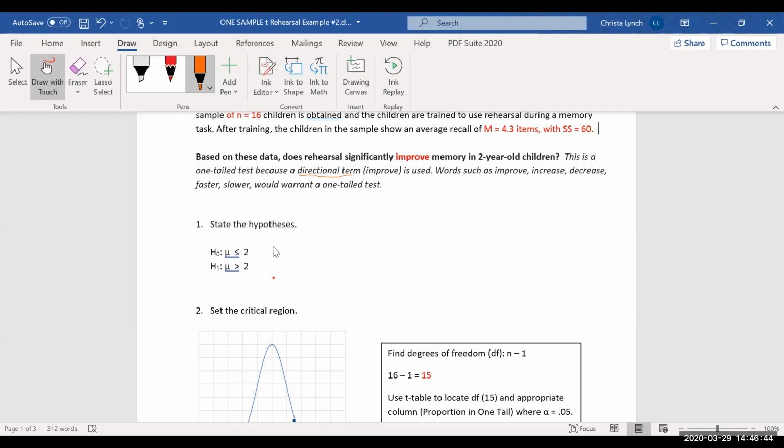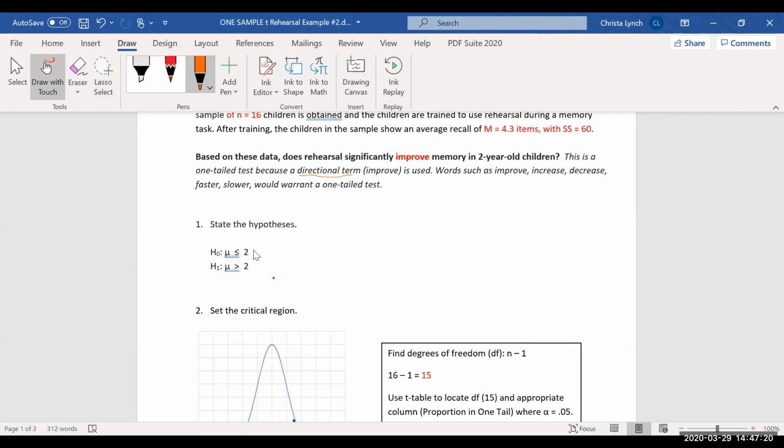What I like to do is take the alternative hypothesis first, because the alternative hypothesis is what I want to find. It's in my research question. So I want to know if rehearsal improves memory. All right. So then I'm going to put a greater than sign because I want my sample mean to be greater than 2. Then I know the rehearsal helped.